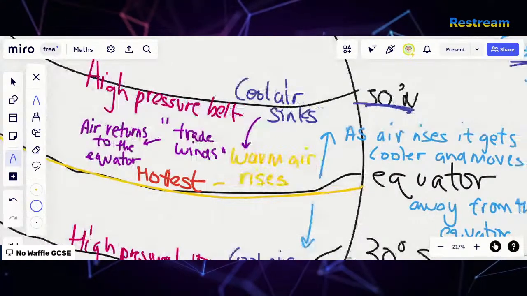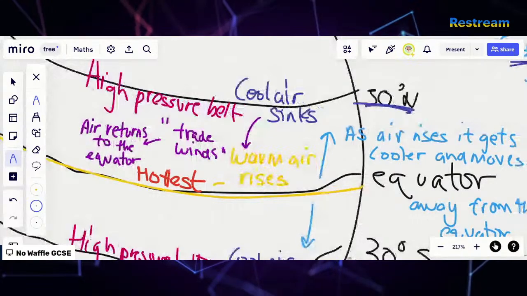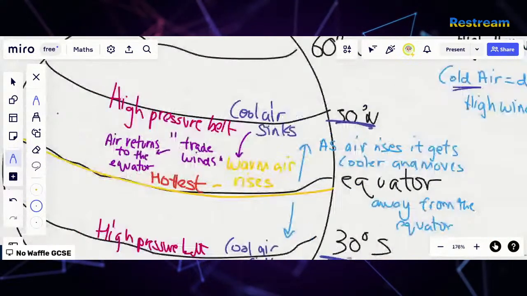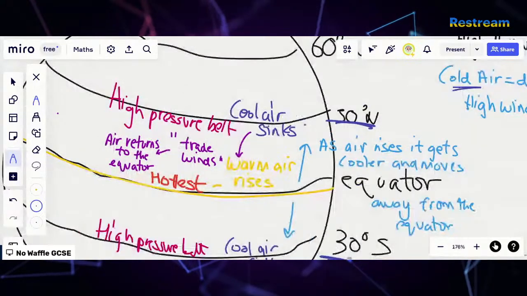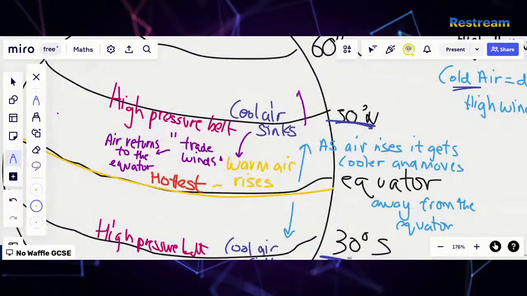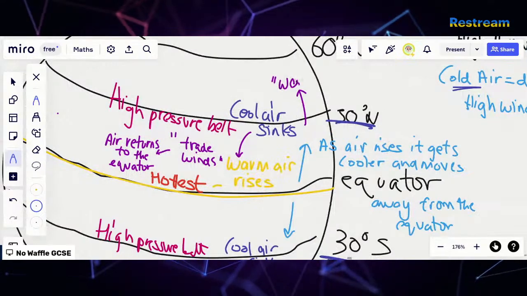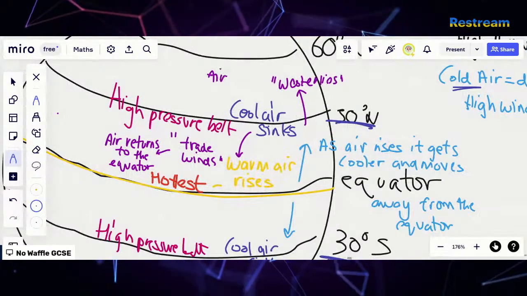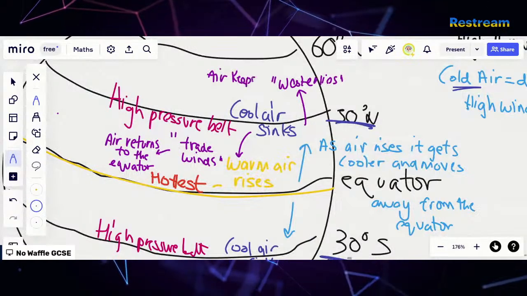But some air doesn't return to the equator. Some air keeps moving up, and this is called westerlies. So westerlies are the air that keeps moving towards the poles.